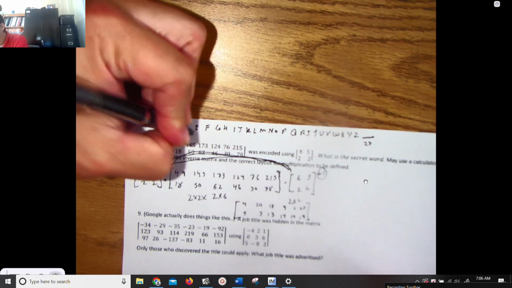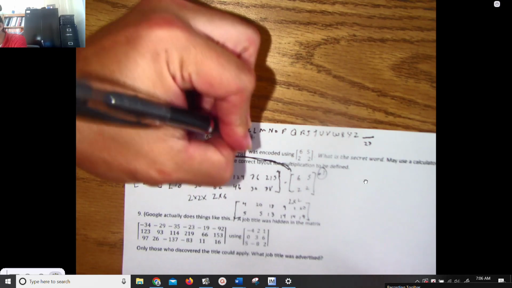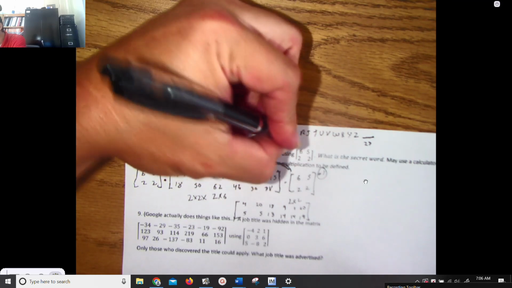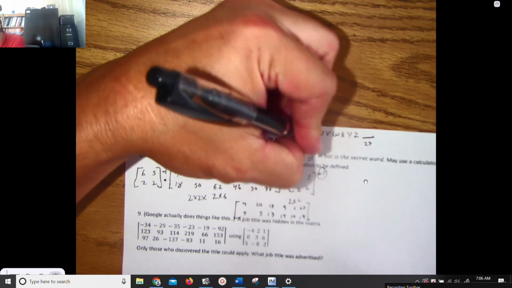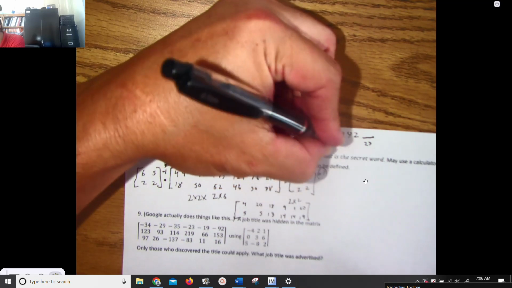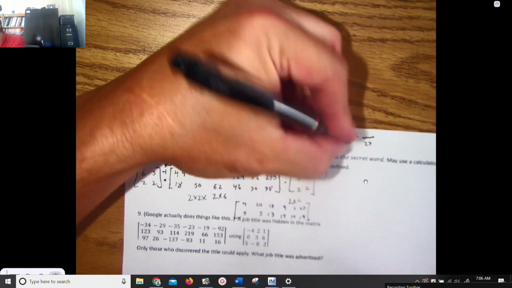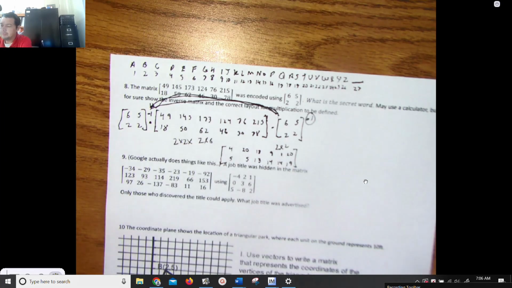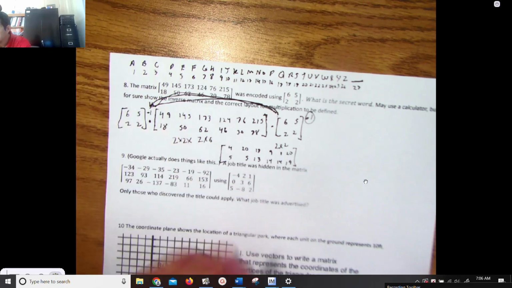A is 1, B is 2, C is 3. And I just labeled each letter a number, starting with A being 1.